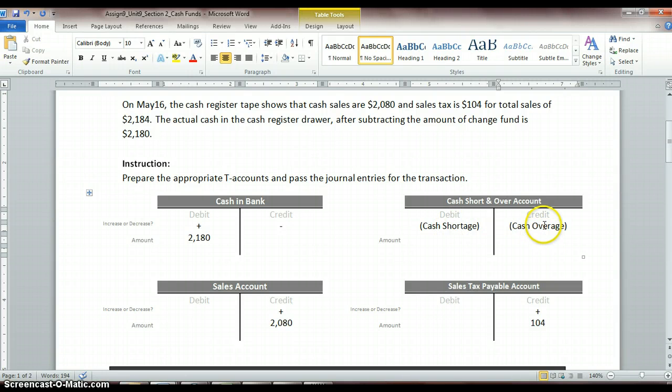If we're recording it on the credit side, that would increase our revenue. So instead of thinking about increase, decrease, think about shortage, overage with this cash short and over account. We decided we have a shortage here because we should have $2,184 and we actually only have $2,180. So we need to record that as a cash shortage of $4, which isn't so bad.